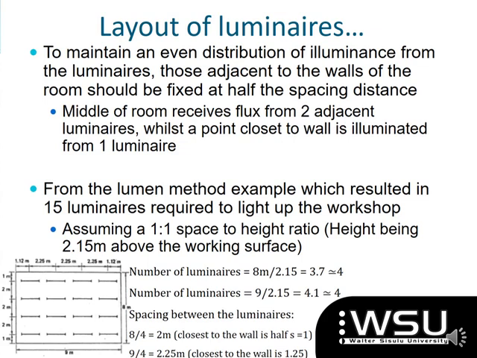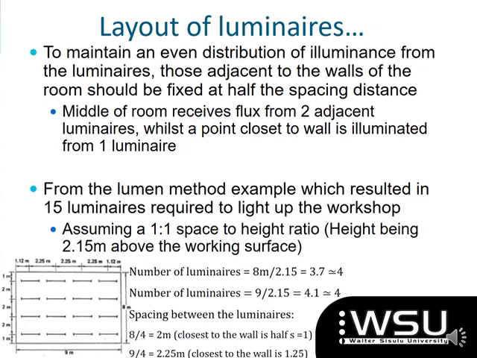So in other words, if the spacing between your lights is 5 meters, then the light closest to your wall will be 2.5 meters away from the wall on either side. They say it's because in the middle of your room, you usually receive your flux from two adjacent luminaires, but at your closest points to the wall, you only receive from the one luminaire. So that's why we have that distance in there.